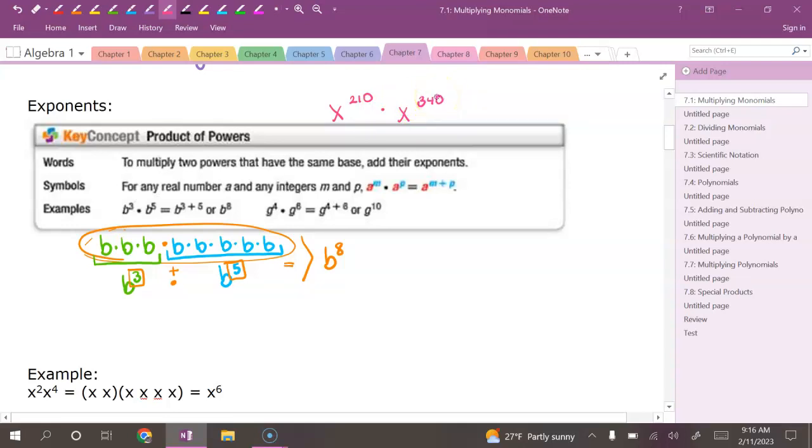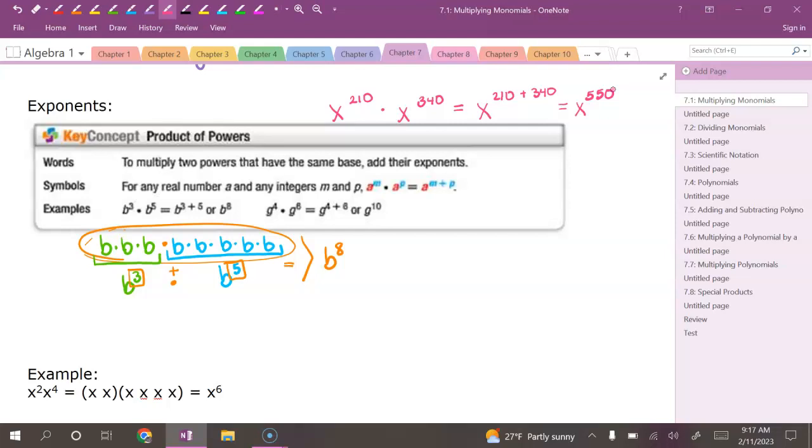If I was trying to expand that out, that would take me forever to do because there's so many x's. So instead, what I can do is add 210 plus 340 and that would be 550. And that's a lot faster than me having to write out 210 x's and then write out 340 of them and then trying to add them all up.